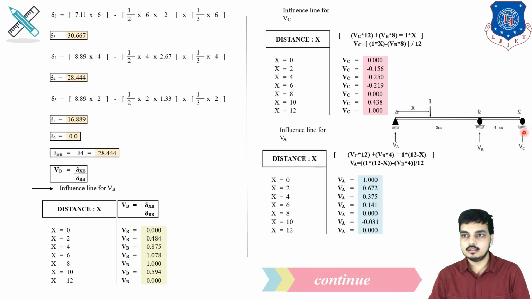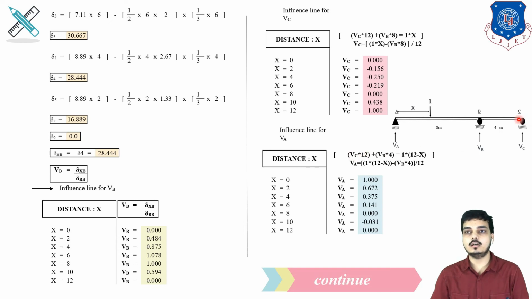Now we have found the VC equation while standing on A. So while standing on B or C, we can find the relation for A. So VA into 12 plus VB into 4 equals 1 into 12 minus X. So VA is nothing but 1 into 12 minus X minus VB into 4, divided by 12. Here by mistake it is written VC, but it is VA only.